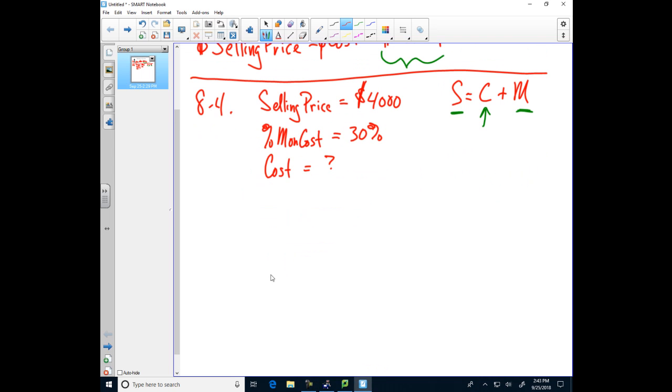So let's look at that left-hand column on page 226 and see if we can find ourselves a formula that will work for us. We know S, we know the percent markup on cost. We're looking for cost. Ideally, we come up with a formula that's got cost on the left, and then selling price and percent markup on cost on the right. Look down that column there. Do you see anything that looks like it will work for us?